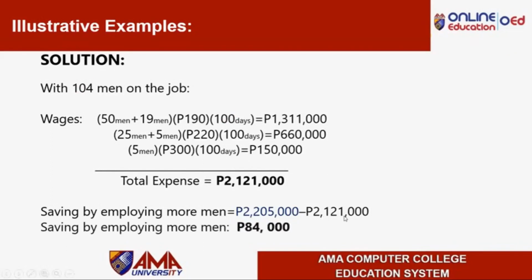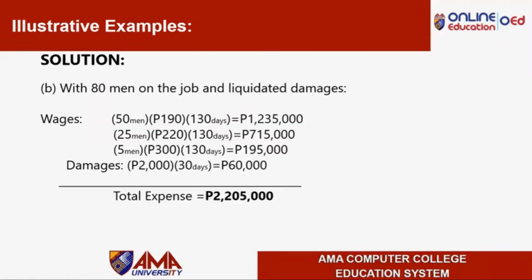So by employing more men, we can also save 84,000. So which is better? Diba? It's better to hire more men that can finish in the required days instead of hiring a few men and having to pay for the damages.